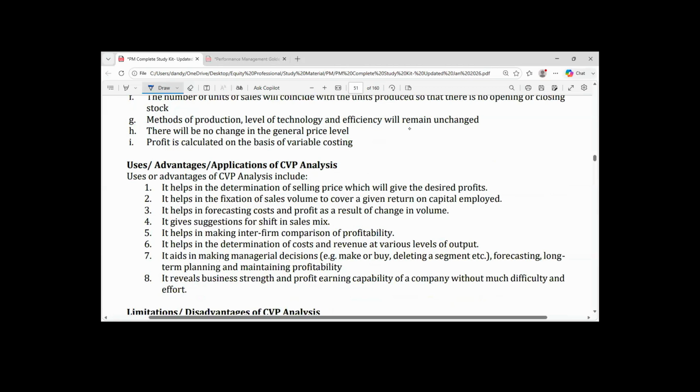All right. One thing I need to mention to you is that CVP analysis is very practical. This is not just about the exam that you want to write. It's highly practicable. Therefore, as you are learning this newly, ensure you get the understanding. For example, if a company wants to seek a loan, right?